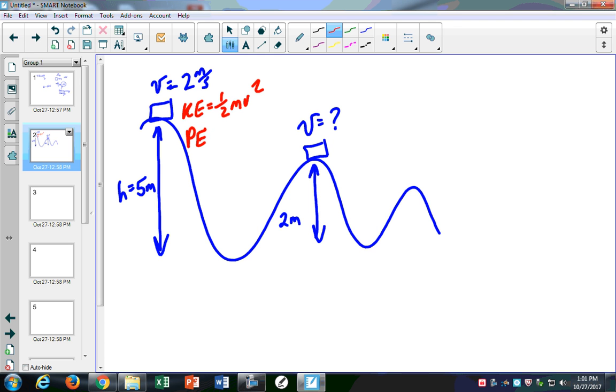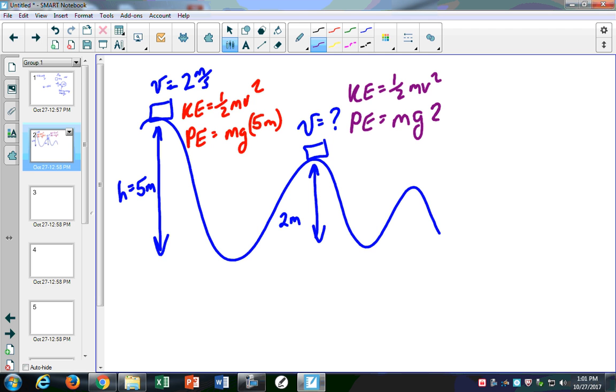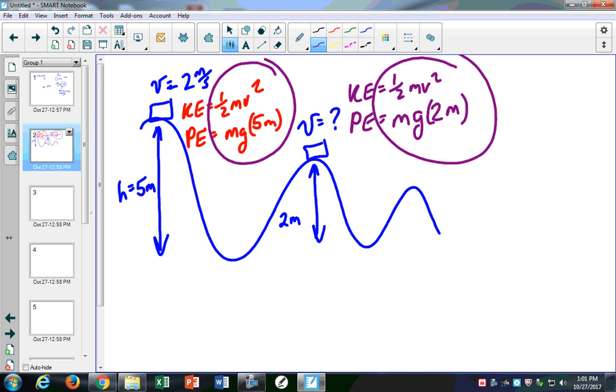Up top, the potential energy is equal to mgh, and I'm going to put in 5 meters for h. And then right here, it has potential and kinetic, and the potential is equal to mg times 2 meters, because it's at 2 meters high. What you would do is add up these values, set them equal to these values, and then solve for whatever it is you're looking for.